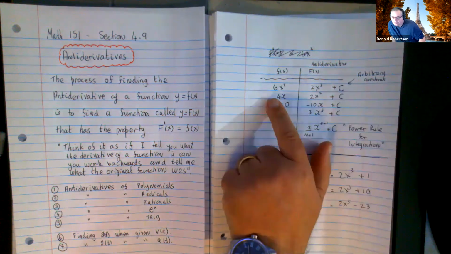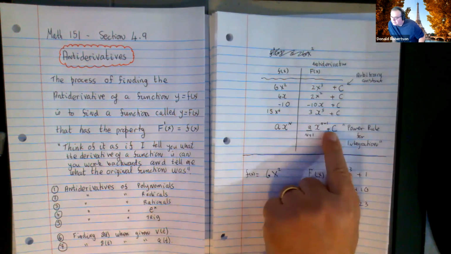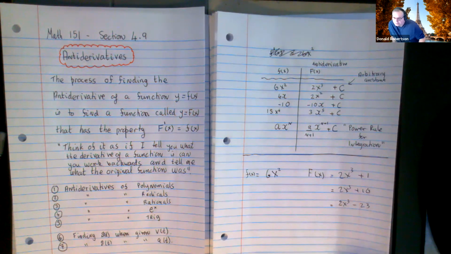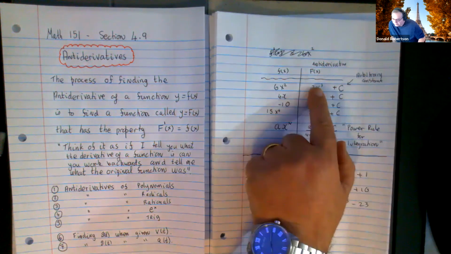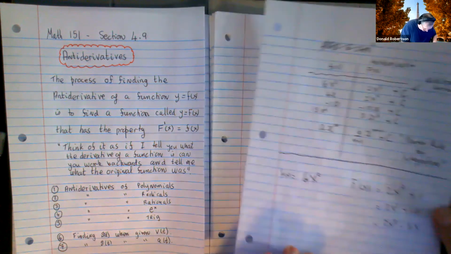Are we comfortable with our first group of antiderivatives? These are essentially polynomials, right? So if I give you a polynomial, we should be able to use the power rule for integration on it and find its antiderivative.